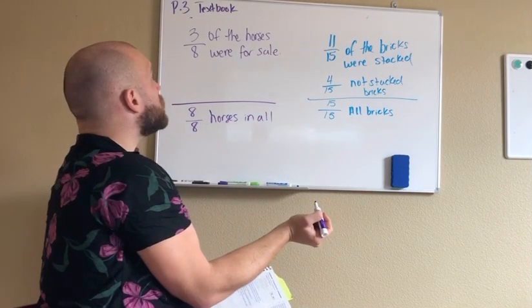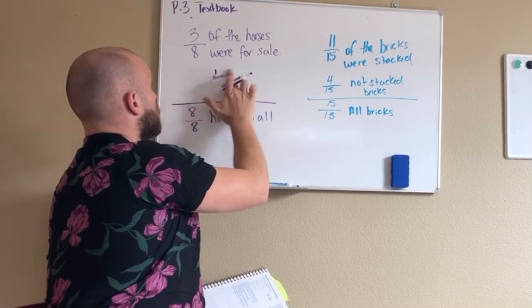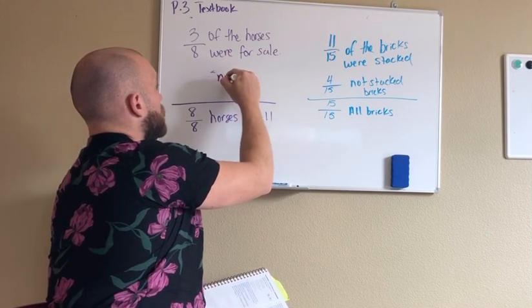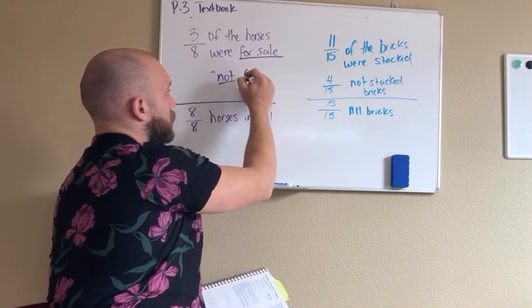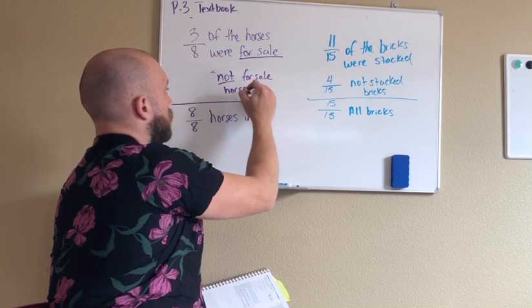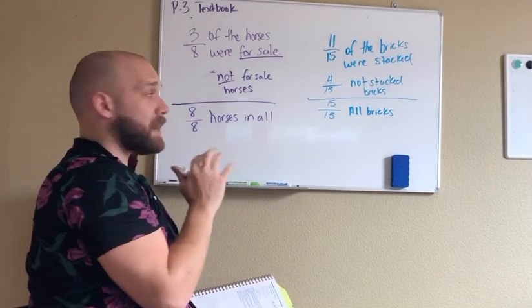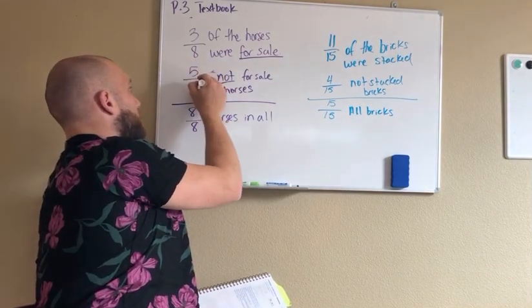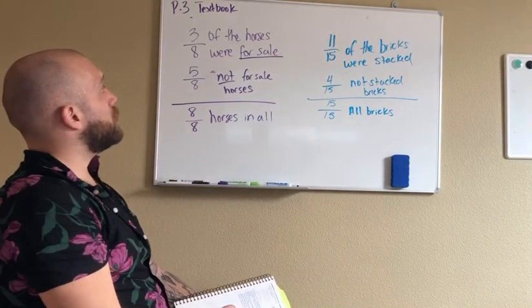What's left? How many were not for sale? Not for sale horses. Not, because these are for sale and not for sale. Simply put, 8 minus 3, 5. 5 what? 5 eighths, because the denominator has to stay the same.